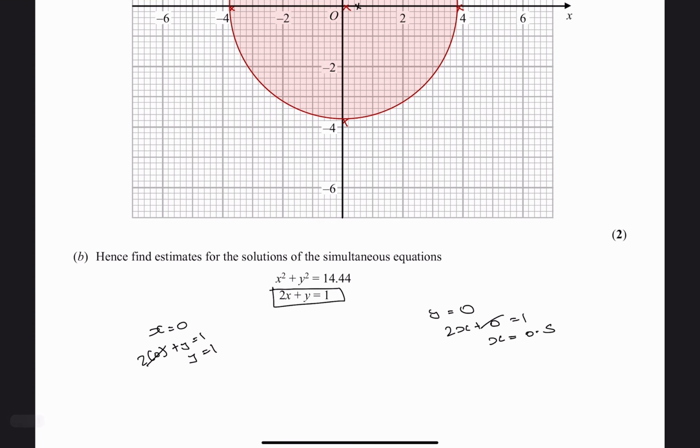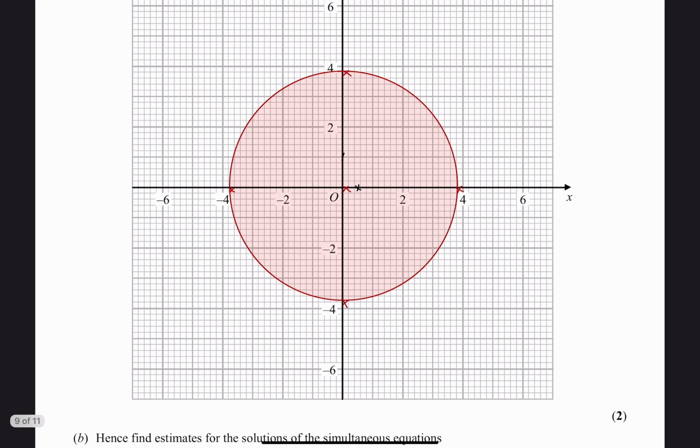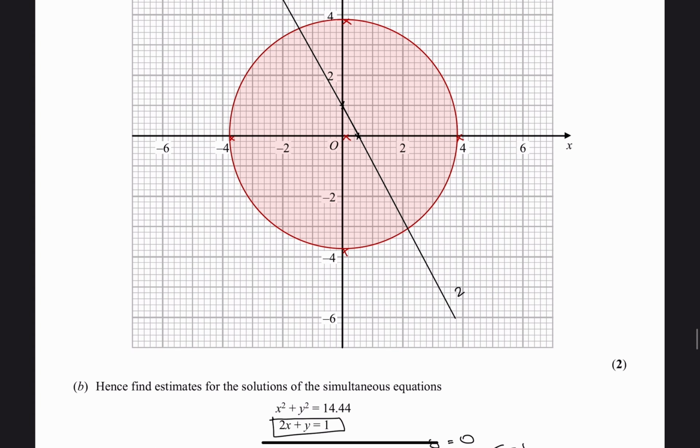And the next one is x is 0 and y is 1. Right, and then this is your equation. What's that? 2x plus y equals 1.